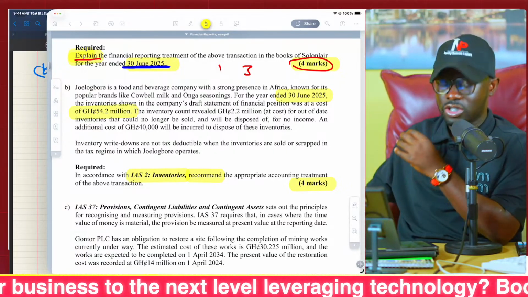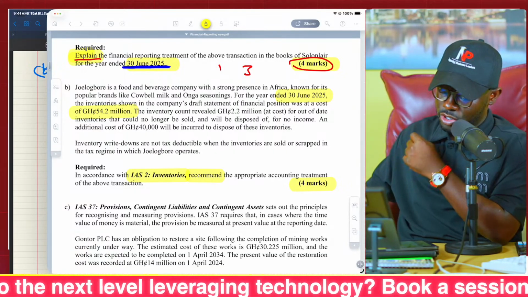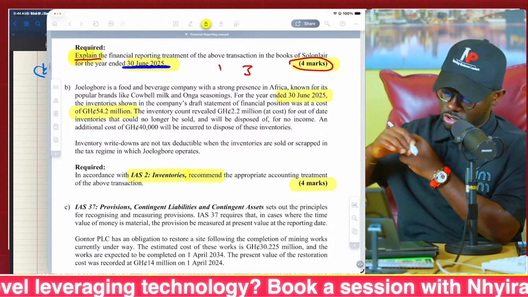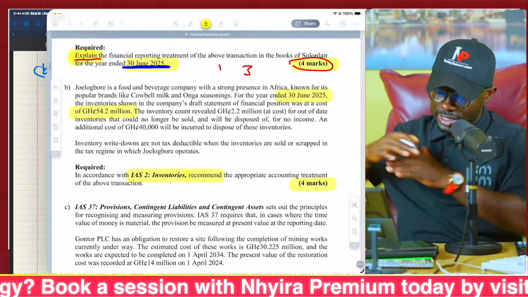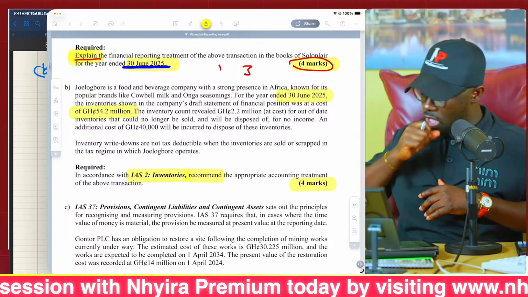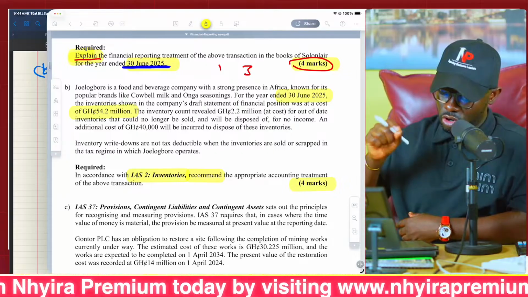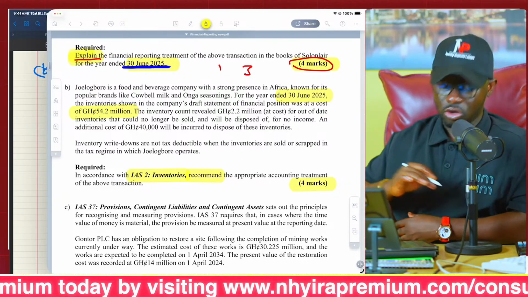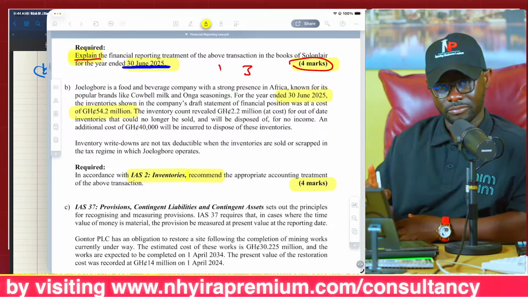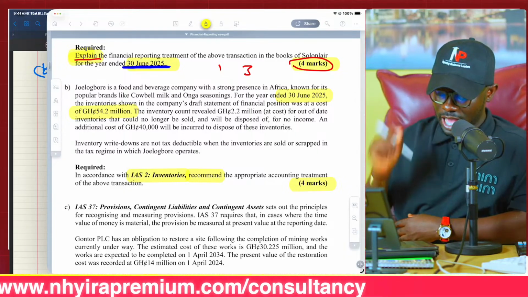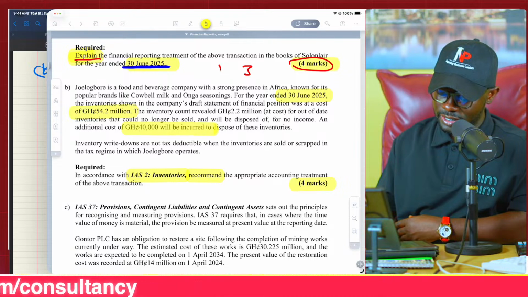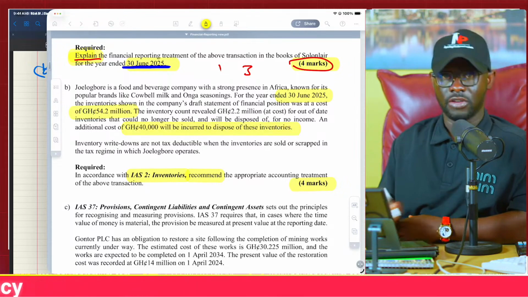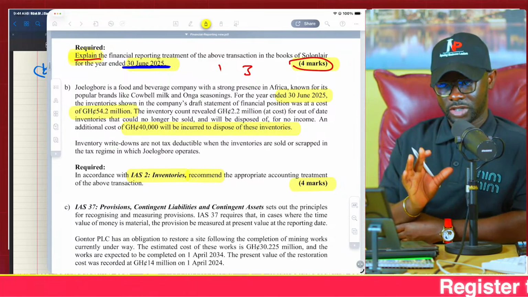The inventory count revealed 2.2 million at cost for out of date inventories that could no longer be sold and will be disposed of for no income. An additional cost of 40,000 Ghana cedis will be incurred to dispose of these inventories. Stay with me.